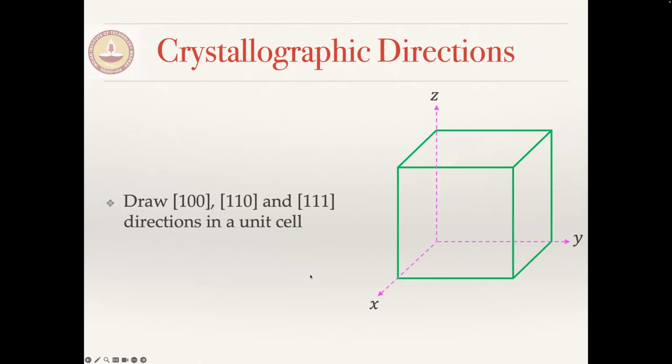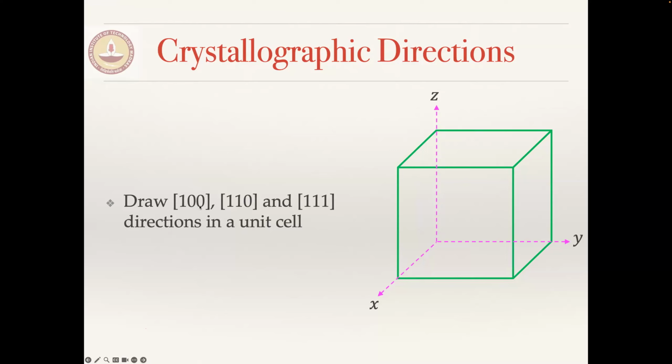So now let us draw the 1, 0, 0 direction. How will 1, 0, 0 look? What does it mean? X-axis. Yeah. So its projection onto the x-axis is 1, projection onto the y-axis 0, projection onto the z-axis 0.